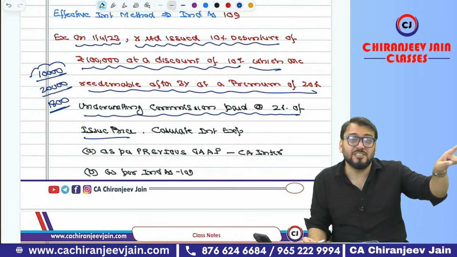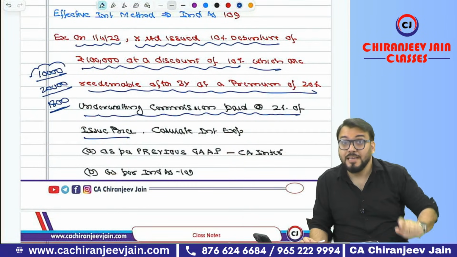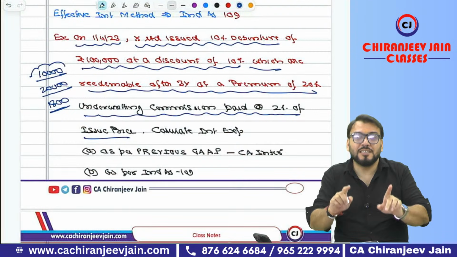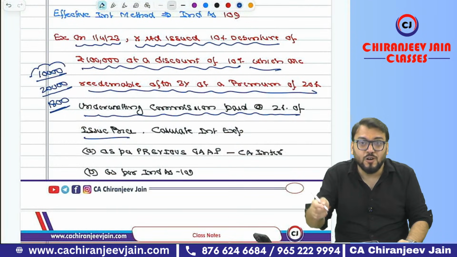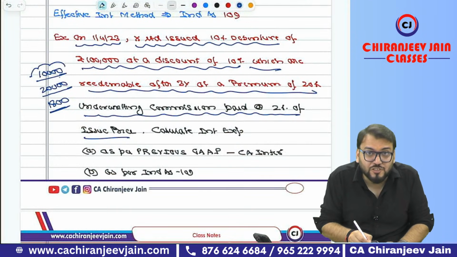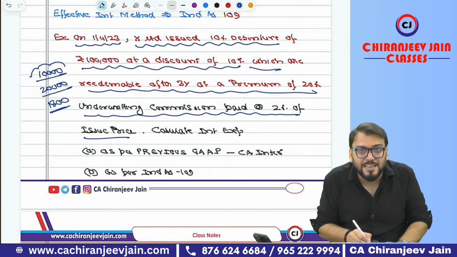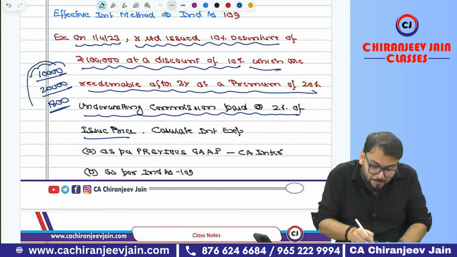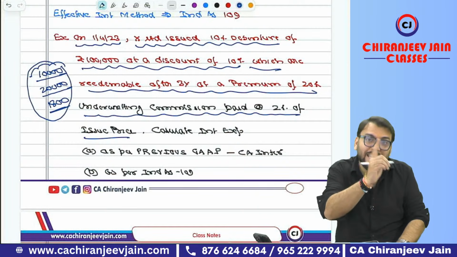As per AS 16, Accounting Standard 16, your CA Inter level, borrowing costs include interest costs as well as amortization of discount, amortization of premium payable on redemption, and amortization of any ancillary cost, like underwriting commission. So this was also a part of borrowing cost under AS 16.